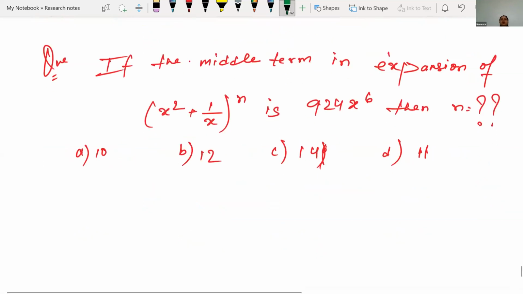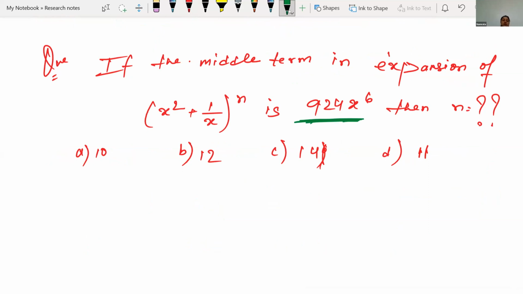If the middle term in the expansion of this is this, it's talking about one middle term. So what can be taken? N by 2 plus 1.